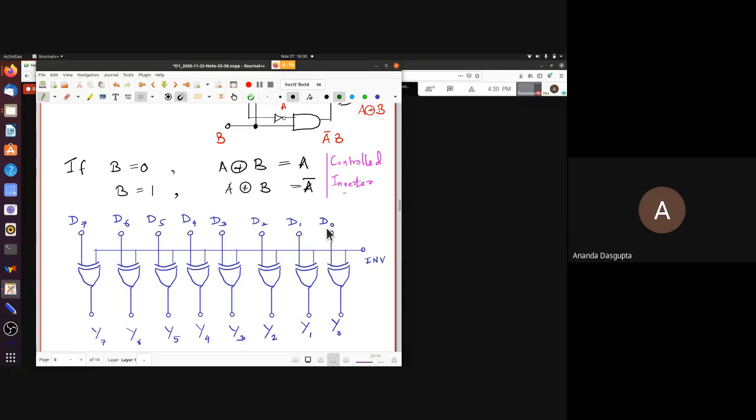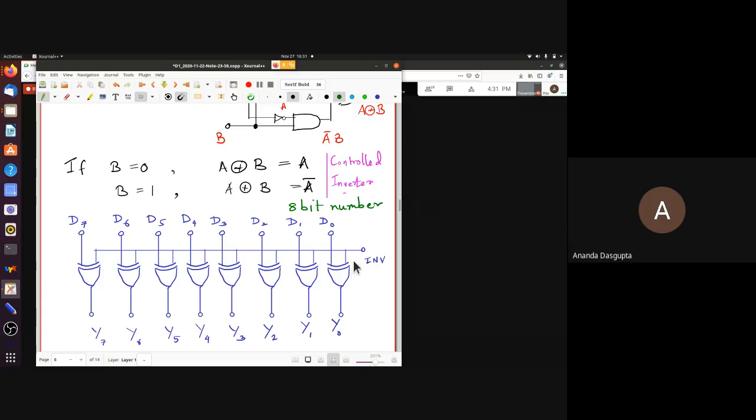We have used the terminology often enough in computers. So this is basically an 8-bit number which is being given in this form: D7, D6, D5, D4, D3, D2, D1, D0. So 8 inputs which can be either 0 and 1. So you get an 8-bit number from them.